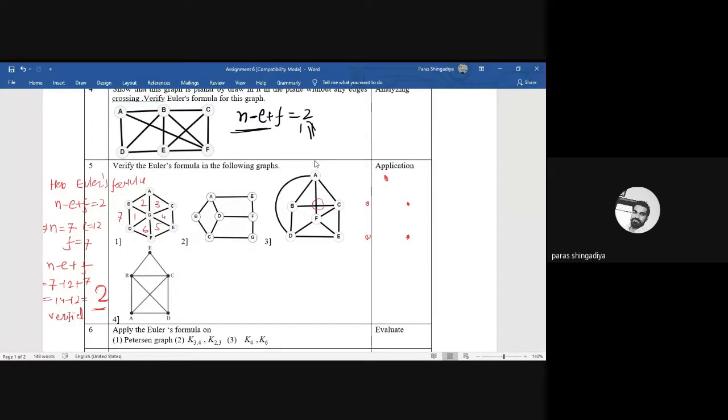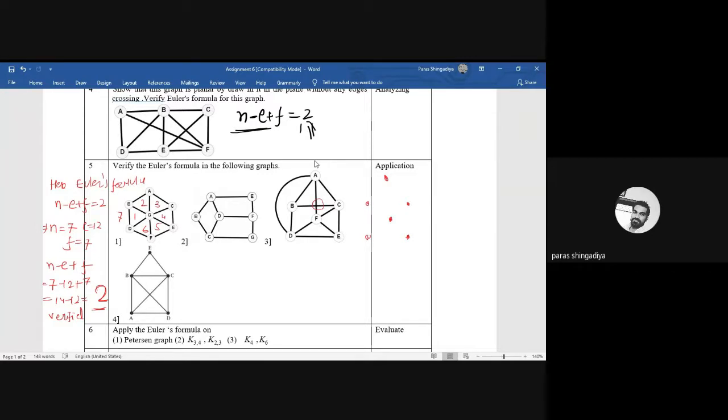Okay. 6 vertices are there, plus F also. Yes. All of you have done it.